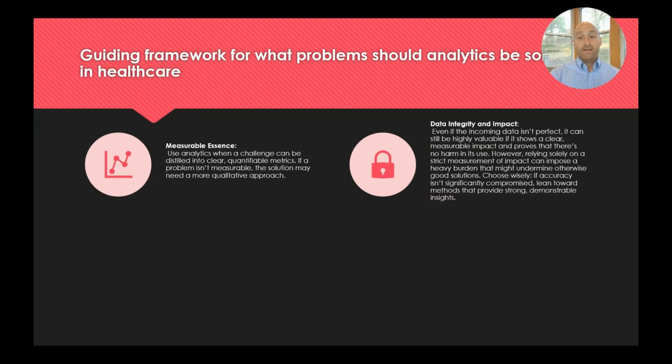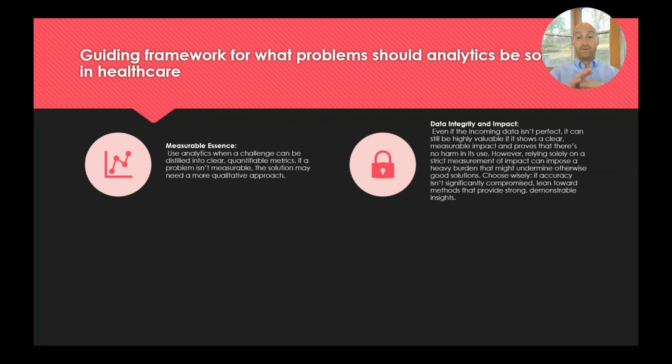So even if the incoming data isn't perfect, that doesn't mean we're done and dead in the water. It can still be valuable as long as we can show that there's a clear impact that can be made from using the data. So this is where we're trying to prove the worth, okay? So we have a measurable essence. We've established that. Great. Yes, we've got something we can measure.